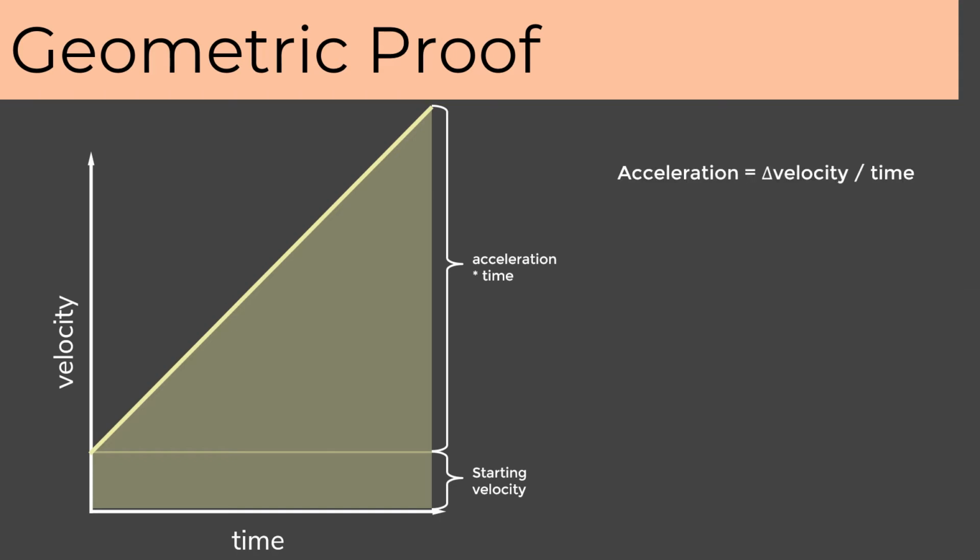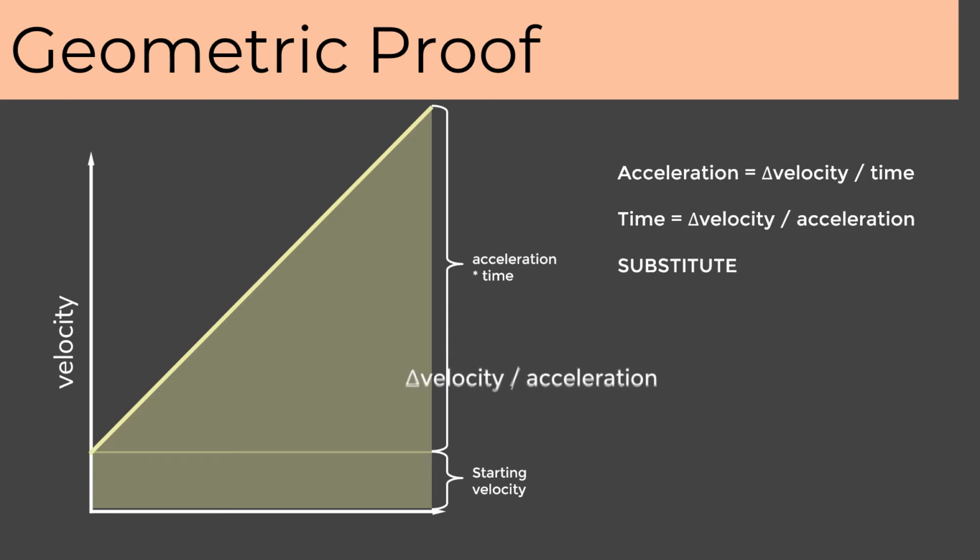The derivation of the third and final kinematic equation is a bit more counterintuitive. Recall that the acceleration is equal to the change in velocity over the change in time. Therefore, time is equal to the change in velocity over acceleration. Let us now substitute this expression into the independent variable to get rid of time.